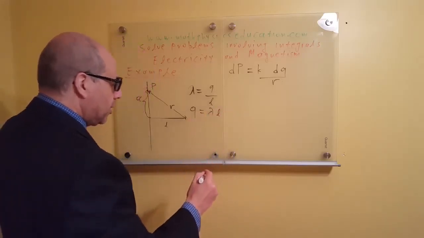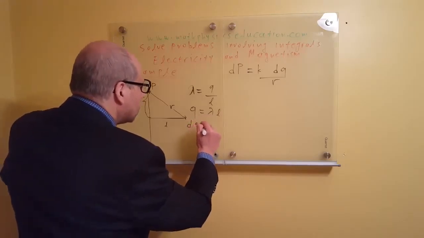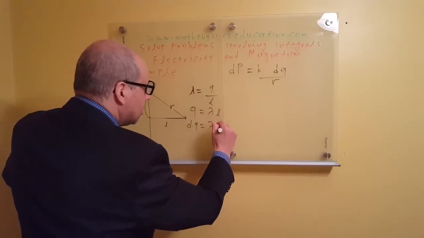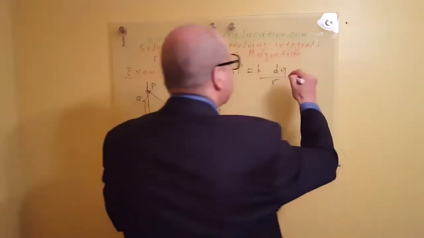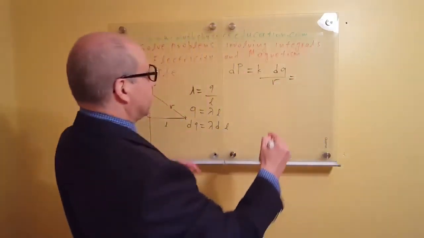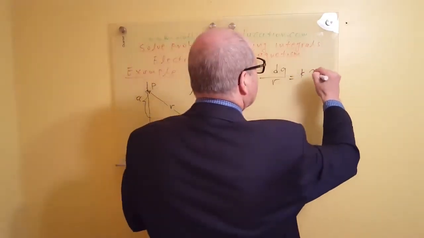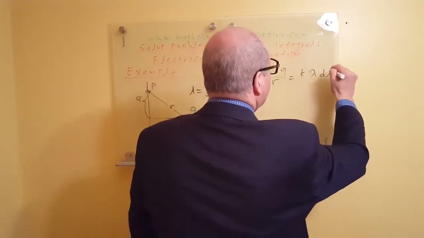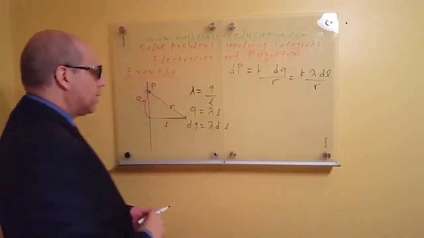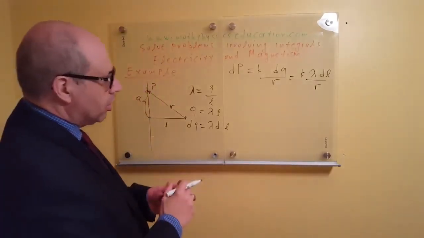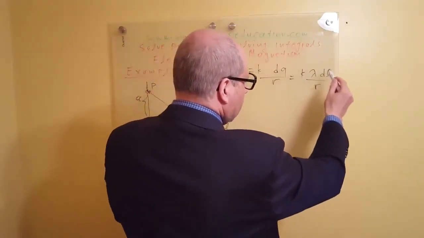Let's say this here is the quantity that produces the dQ, and let's assume that it has length dx. So dQ is equal to lambda times dL, but because we're working on the x-axis, we can replace this with lambda times dx.